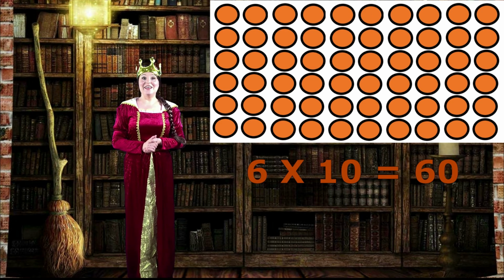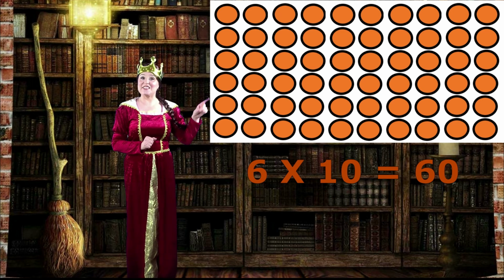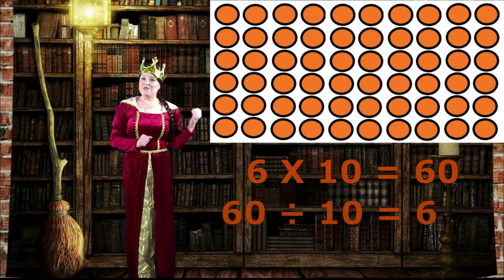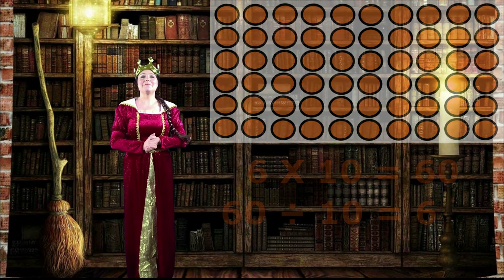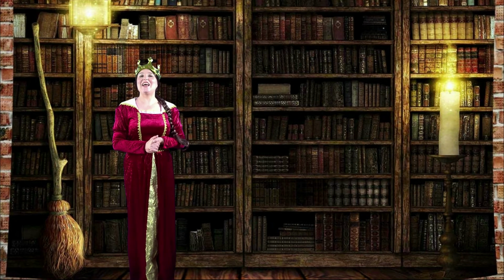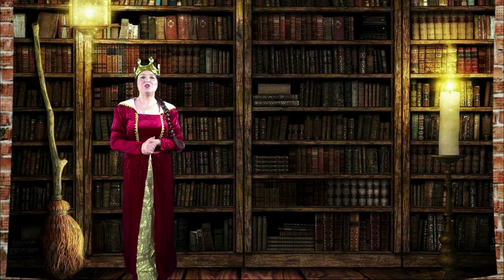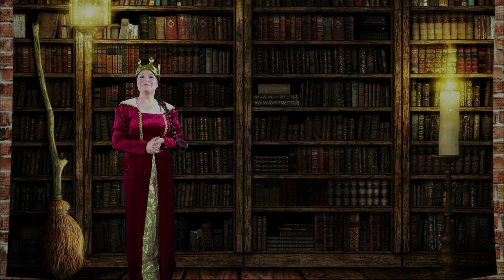Impressive! Yes, almost all of you remembered that the largest number comes first. 60 divided by 10 is 6. His Majesty continues to be pleased and astonished at the progress that you have made. Please keep it up.